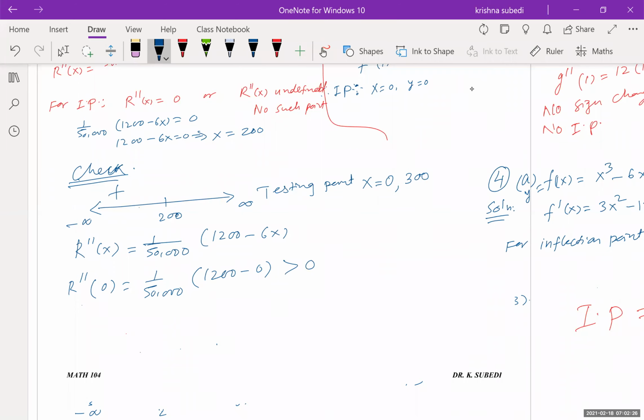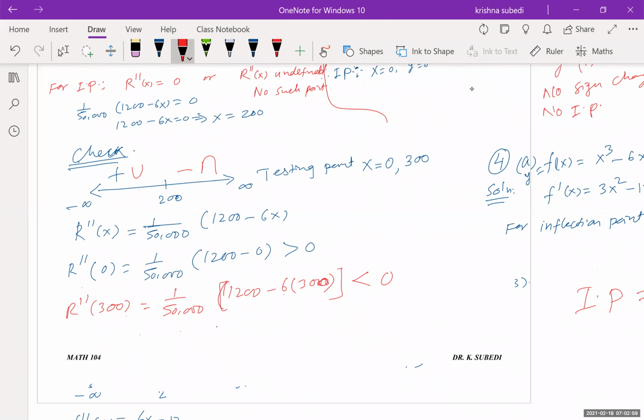So this side is positive, and this means concave up. Now when you plug in 300, what happens? 1 over 50,000 times 1200 minus 6 times 300. Clearly this is negative because 6 times 300 is 1800, so negative 1800 plus 1200 is clearly negative. So this is negative, concave down. So yes, the inflection point exists at x equals 200.